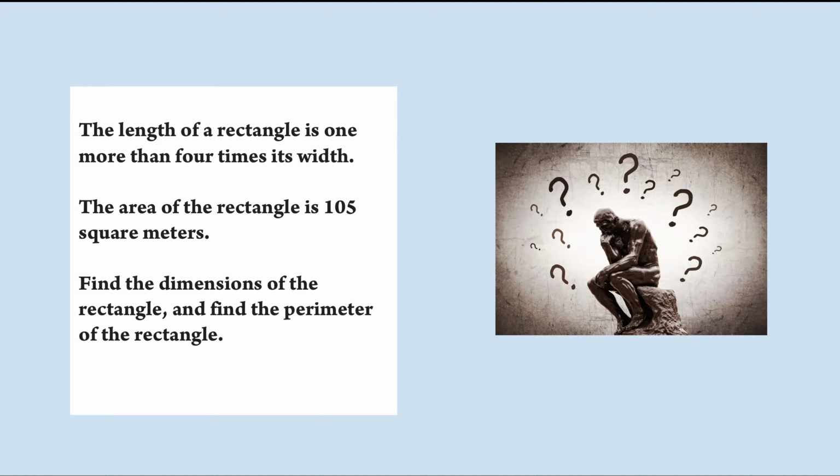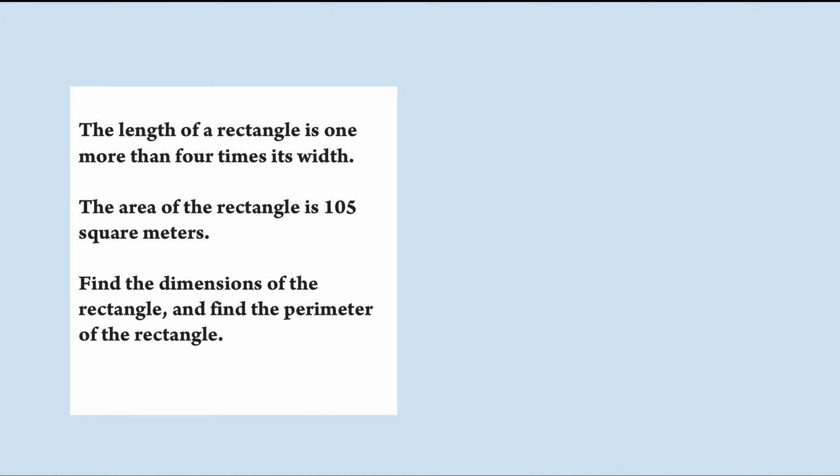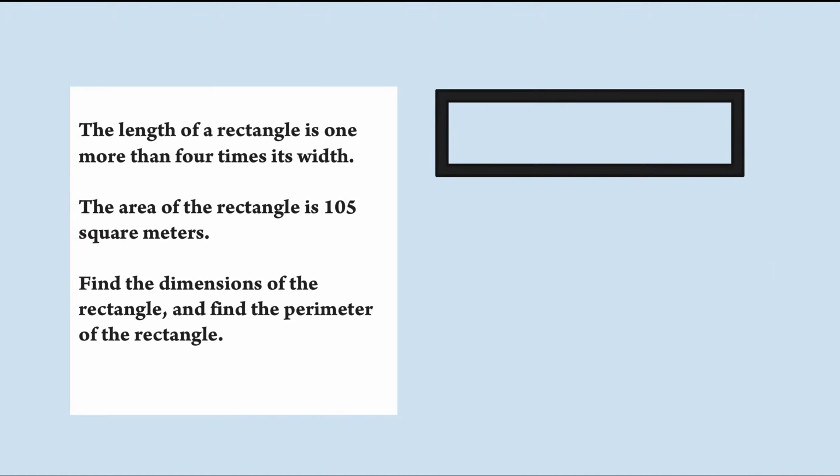For a problem like this, where the area of the rectangle is given, it can be kind of challenging to do the puzzling. And if you give up on the puzzling and you head toward algebra, that gets challenging as well. We do need to get ourselves organized. Let's see what happens. We'll get rid of the thinker and we'll put in a rectangle. So here's a rectangle.